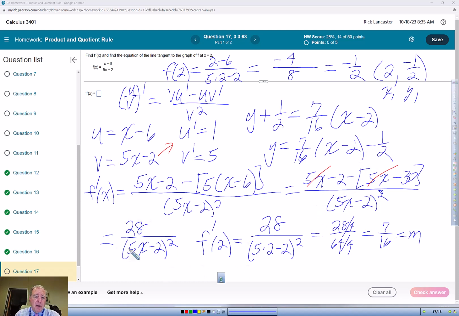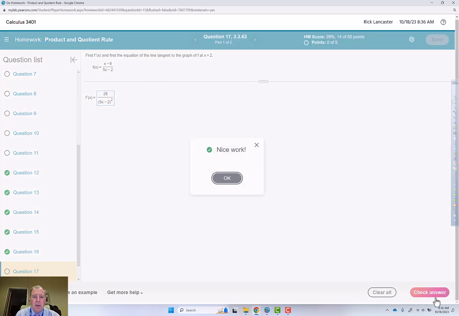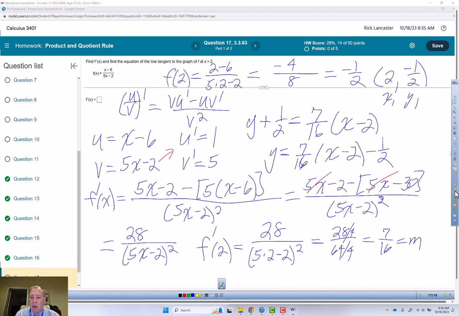So we want 28 over 5x minus 2 squared. Fraction 28 divided by, we'll put this denominator in parentheses, 5x minus 2, close the parenthesis, square that, check answer, nice work. And then I'm going to go get our y by itself line. y equals 7/16 times x minus 2 minus 1/2.